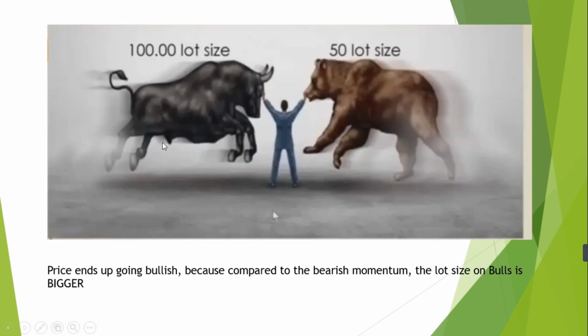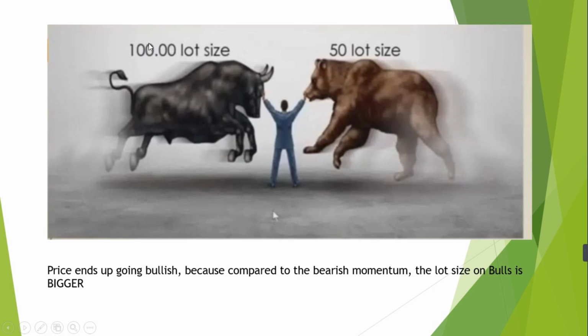So let's take this example. We've got the bulls and the bears over there. Let's say the total lot size of all the bulls in the world combined, all the buyers in the world combined, amounts to 100 lots. And all the bears in the world combined have a lot size of 50. In this case, obviously the bulls will win, because they've got the larger volume.